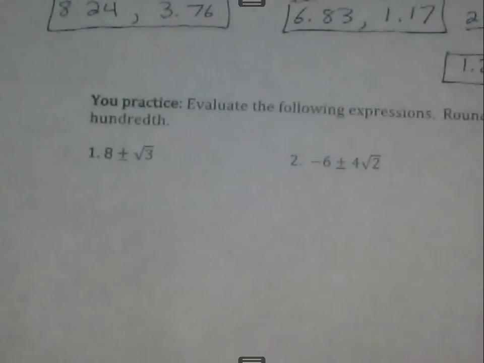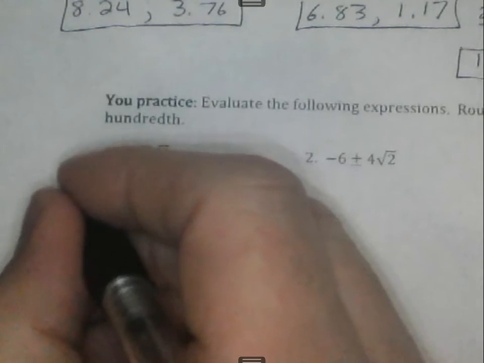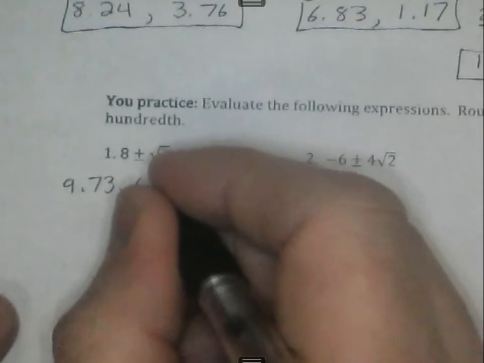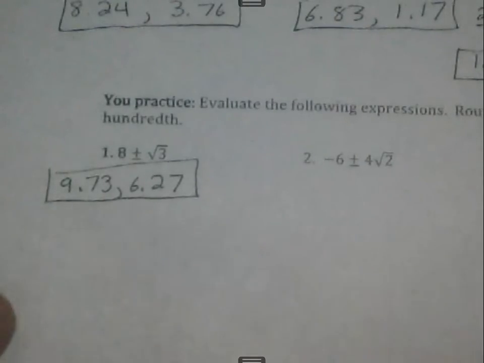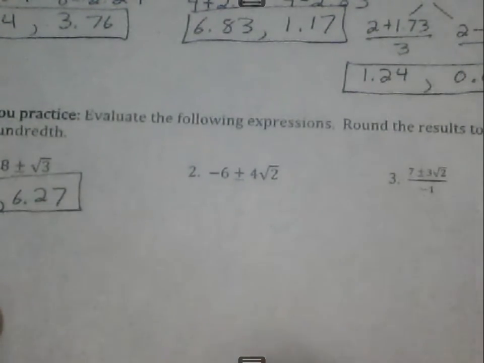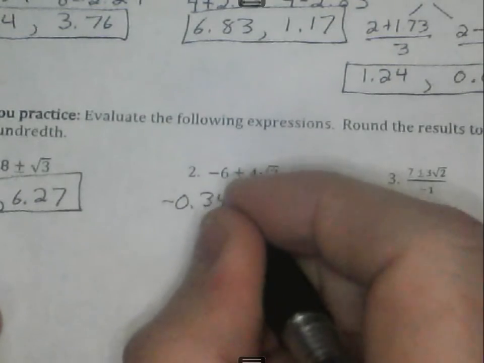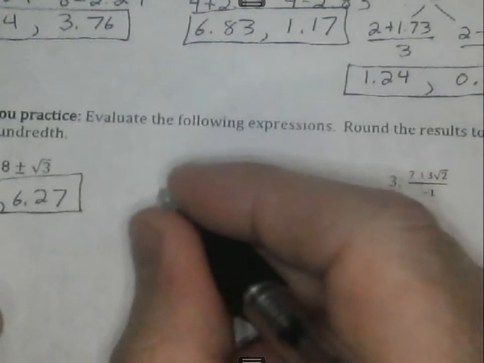All right, let's have you try some. Try number 1. The answer is going to give you 9.73 and 6.27. For number 2, go ahead and try it. The answer is negative 0.34 and negative 11.66.